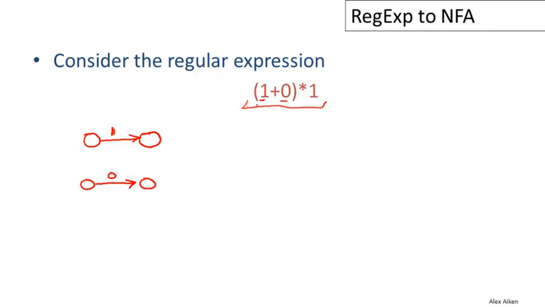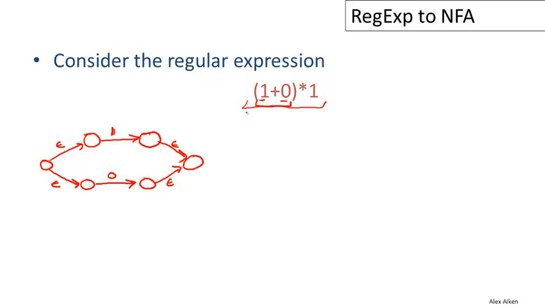Okay, and now we need to put them together in a machine that accepts either 1 or 0. The way we did that was we made a choice from a start state for the compound machine. We can either move to the machine for accepting 1 or the machine for accepting 0. And then at the end, we also have epsilon moves back to the final state of the compound machine.